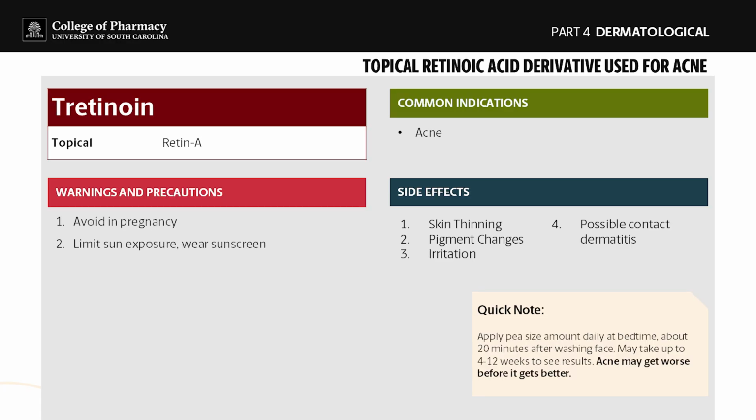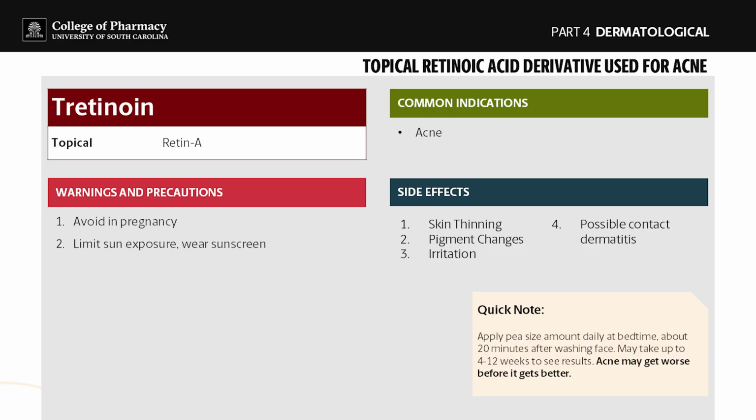Topical retinoic acid derivative used for acne, Tretinoin. Topical brand name Retin-A. It's used for acne, and a really important thing to tell your patients about this drug is they need to apply just a pea-size amount at bedtime, approximately 15 to 20 minutes after they wash their face, and it may take about 4 to 12 weeks to get better.